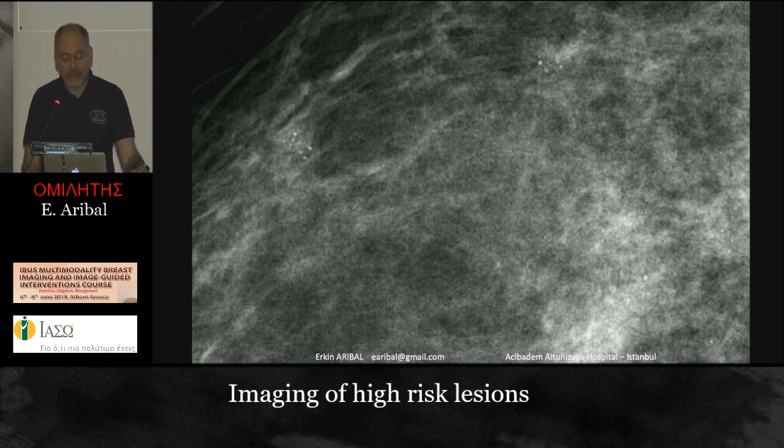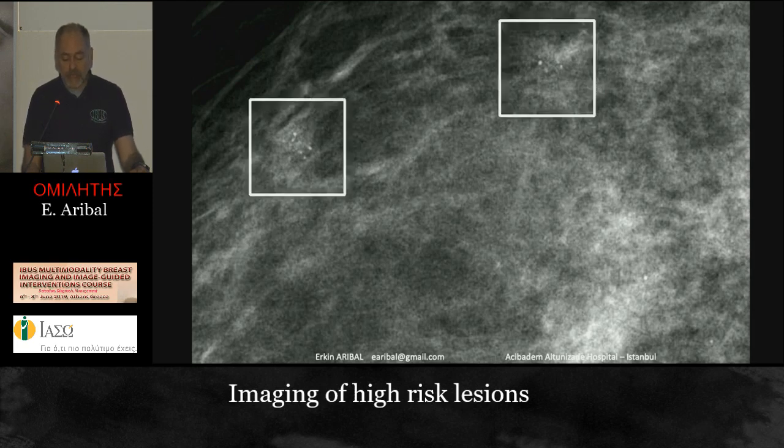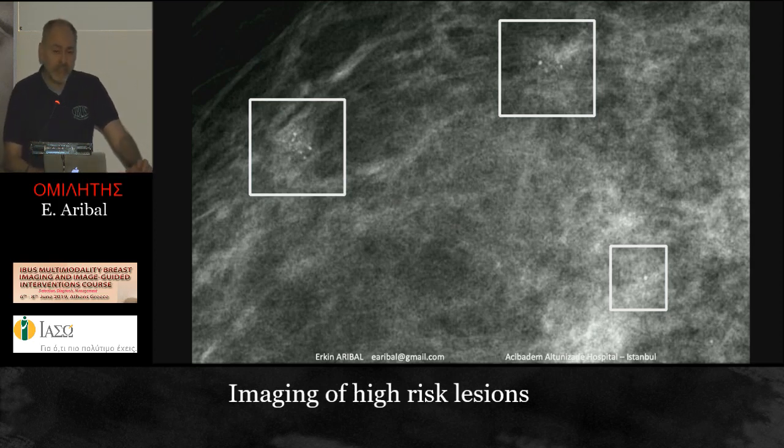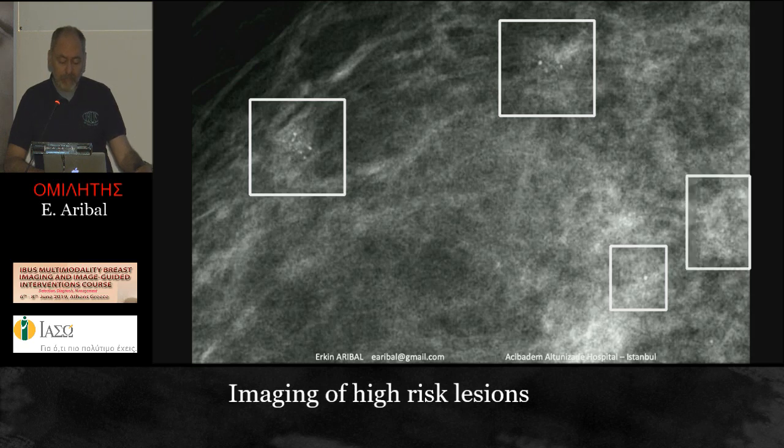Another case here, you see a lot of clusters of calcification. So it is very difficult and challenging for a radiologist if you have such more than one or two clusters. Which one are you going to biopsy? I prefer to do the more risky one.